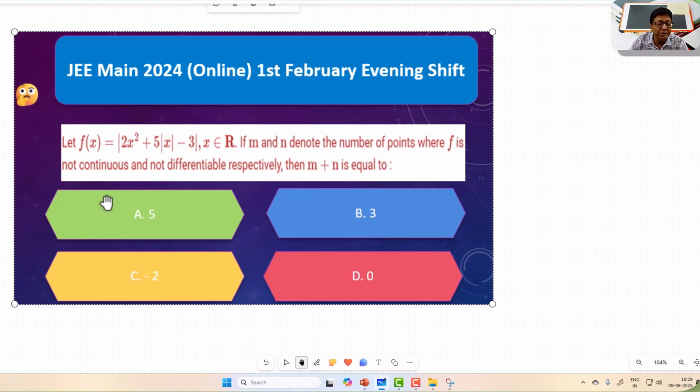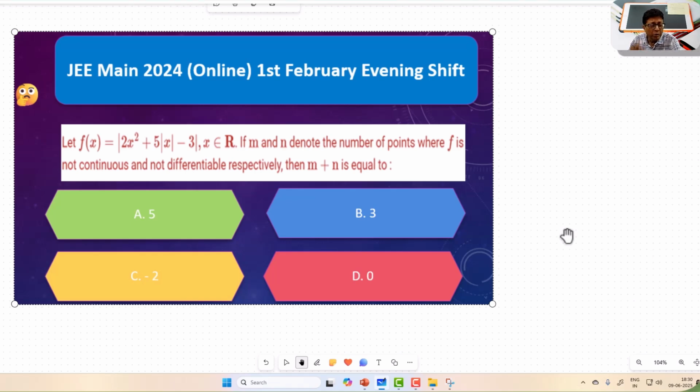Similar to the previous one, m is the number of points where it is not continuous, n the number of points where it is not differentiable. Now, you have to find the values of m and n.